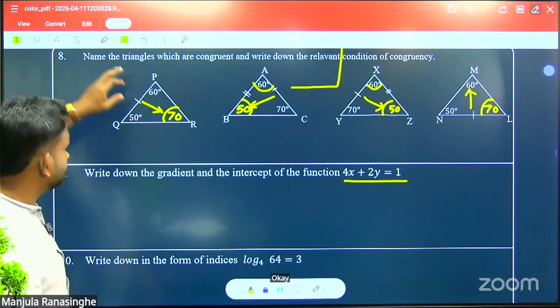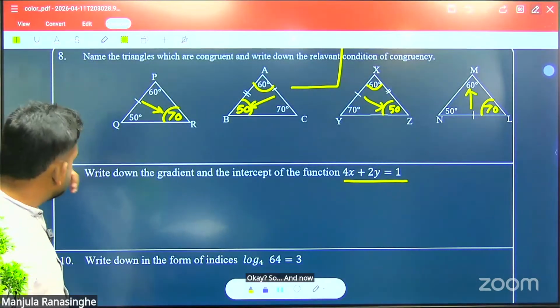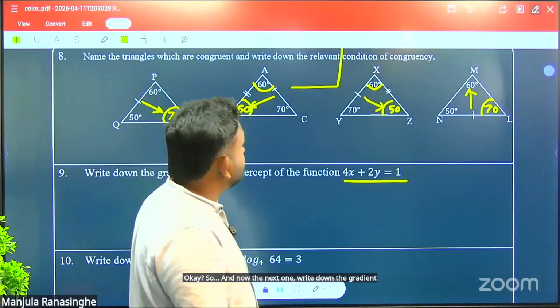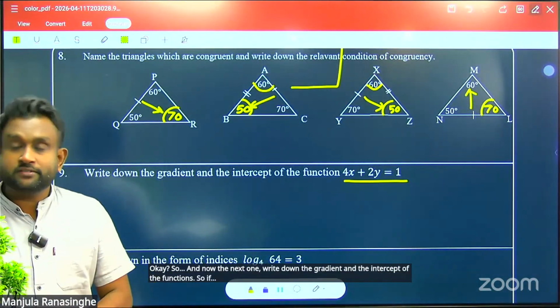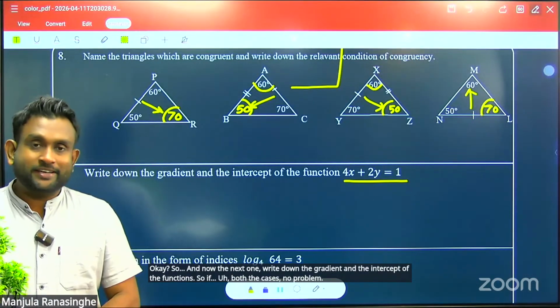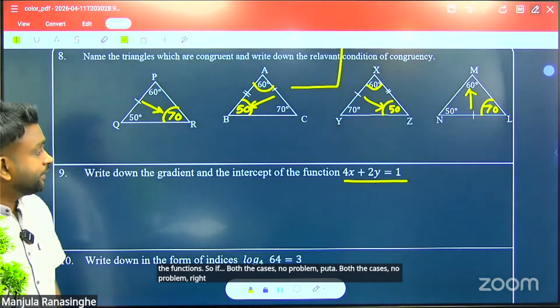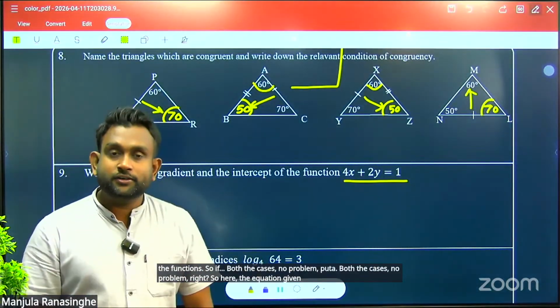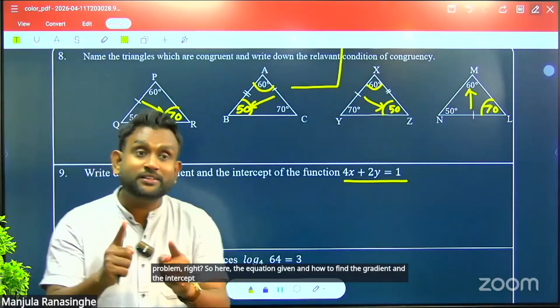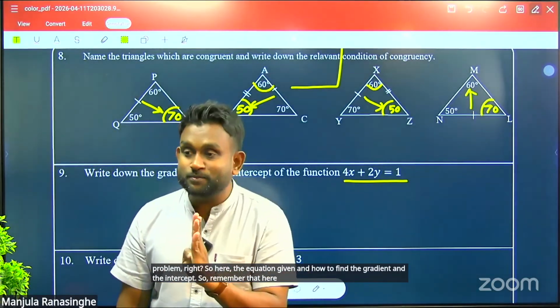Now the next one: write down the gradient and the intercept of the function. If both cases are fine, the equation is given, and how do we find the gradient and the intercept? Remember that y must be the subject.